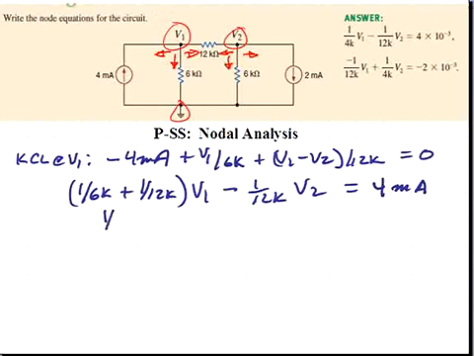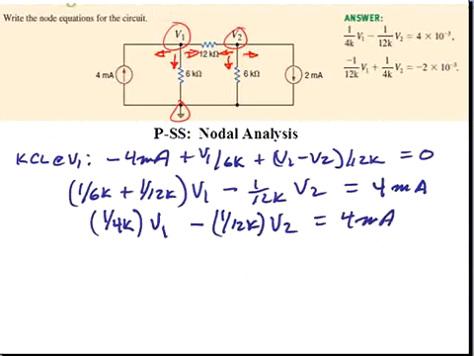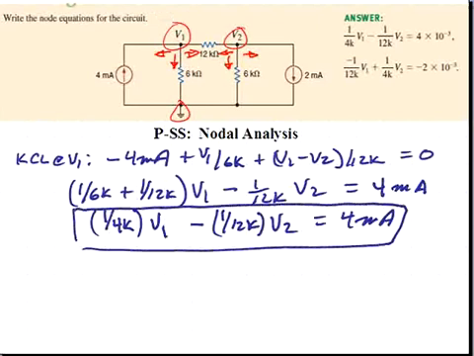Or simplifying a bit more, we have 1 over 4K V1 minus 1 over 12K V2 is equal to 4 milliamps. So that will be our first node voltage equation.